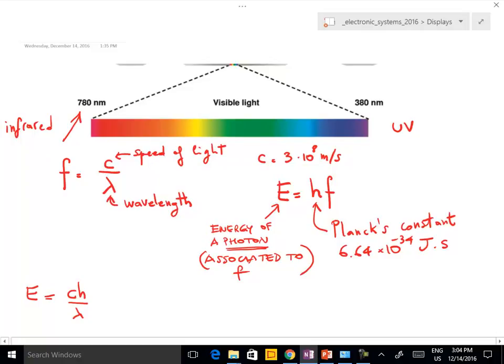So, for example, just to have an idea of the energies involved, if lambda is 780 nanometers, and we substitute these numbers in this expression, we have an energy that is 2.55 times 10 to the minus 19 joule. So this is the energy of a photon corresponding to this wavelength.